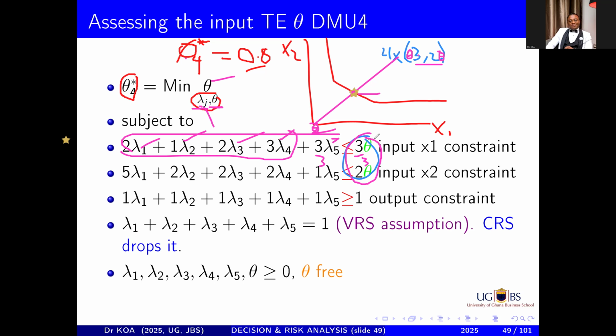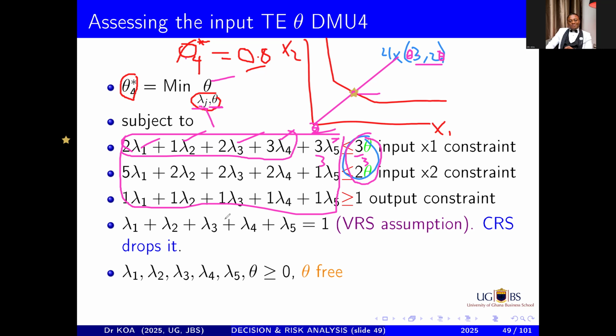So the essence of the whole process is, what is on the left-hand side? Everything on this left-hand side here, remember, is a technology. This will not change when you are formulating the model. I want to repeat: the technology will not change when you are formulating the model. In other words, the left-hand side of this primal model will not change because it's going to be the same for everybody, because everybody is facing the same technology.